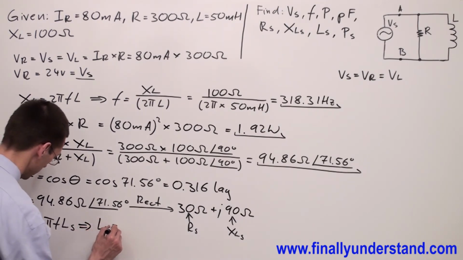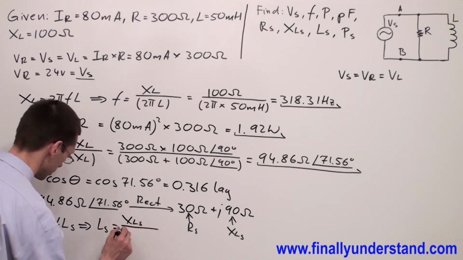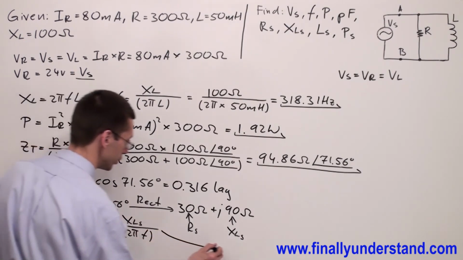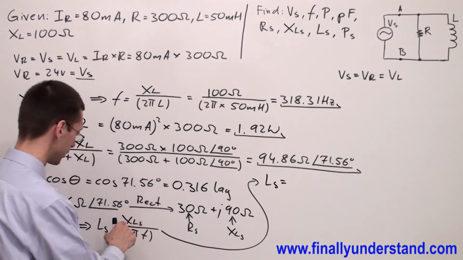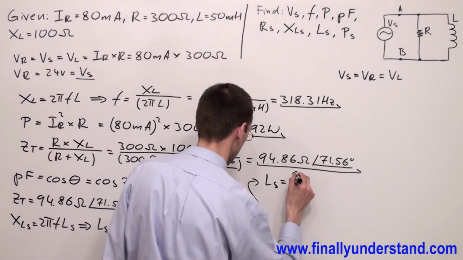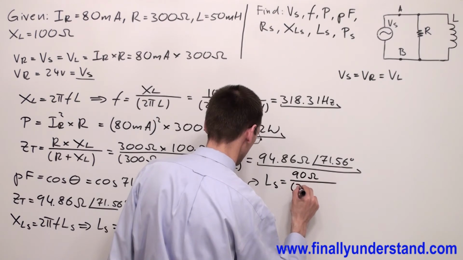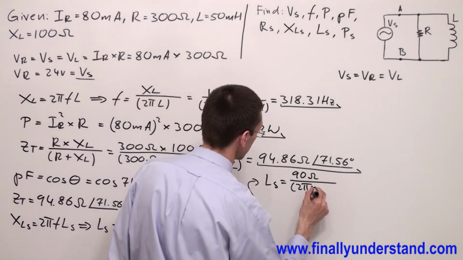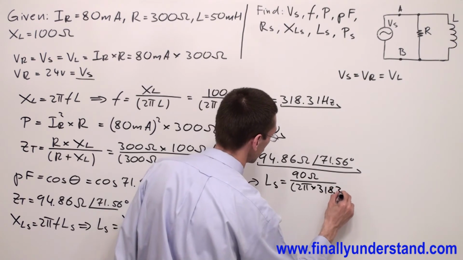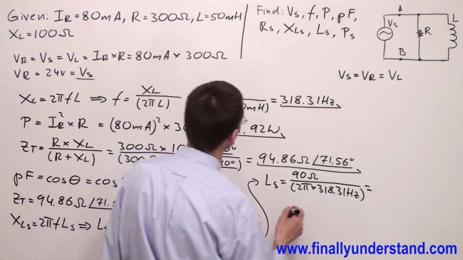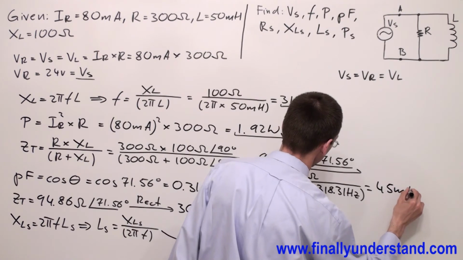So Ls equals X of Ls over 2 pi F. X of Ls has the value 90 ohms over 2 pi times the frequency, which we found, 318.31 hertz. This is equal to 45 millihenries.